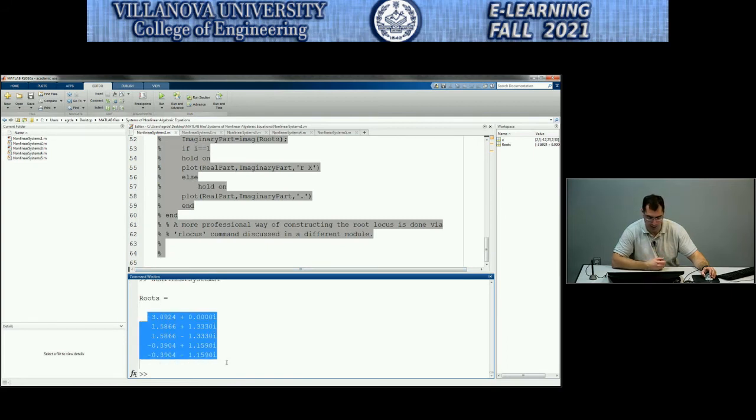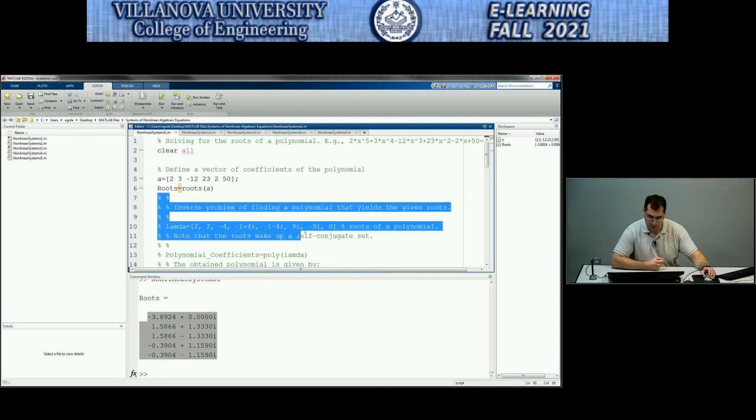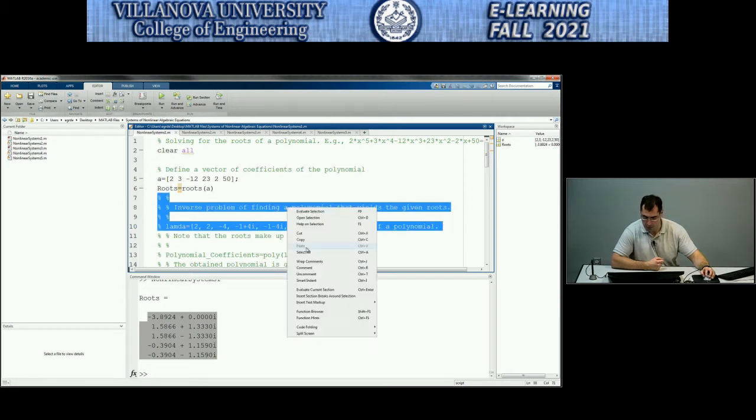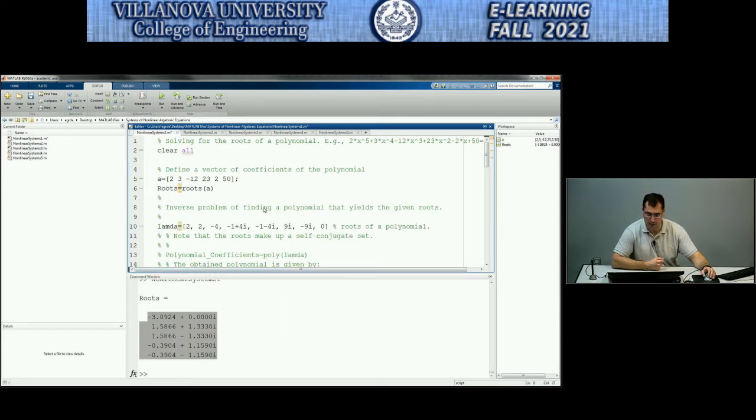The degree of the polynomial should be equal to the number of the roots of that polynomial. You can solve the inverse problem if you have a set of roots. Then you can find the polynomial that yields those roots. Every time you make up a set of roots, make sure that this is a so-called self-conjugate set.